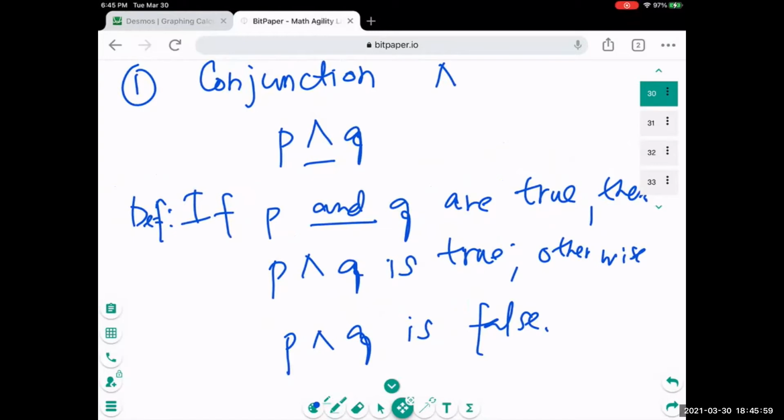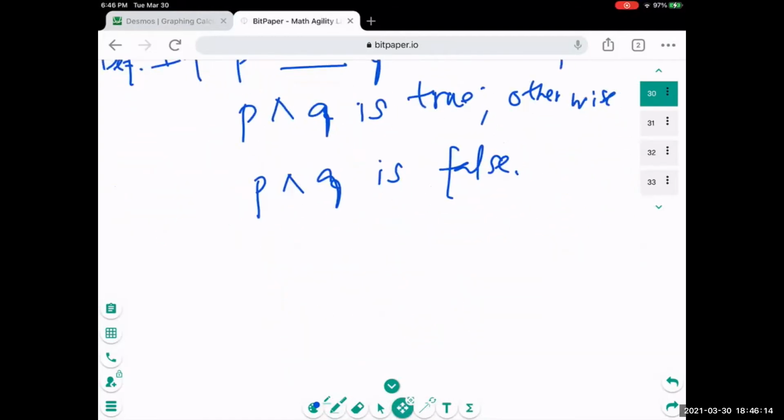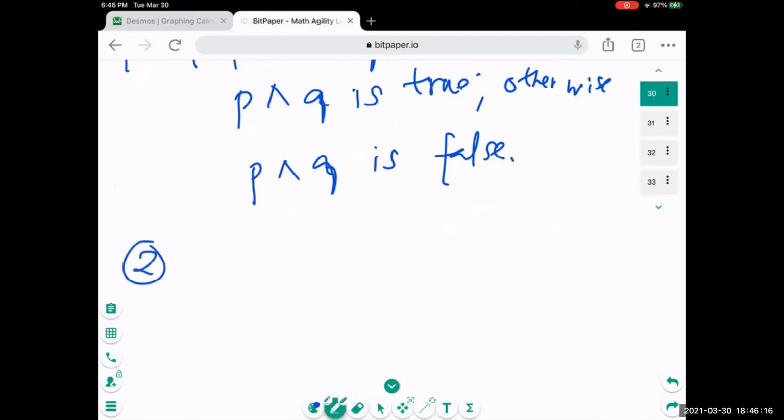So number two, the next one is called disjunction. The symbol of disjunction is an upward triangle.